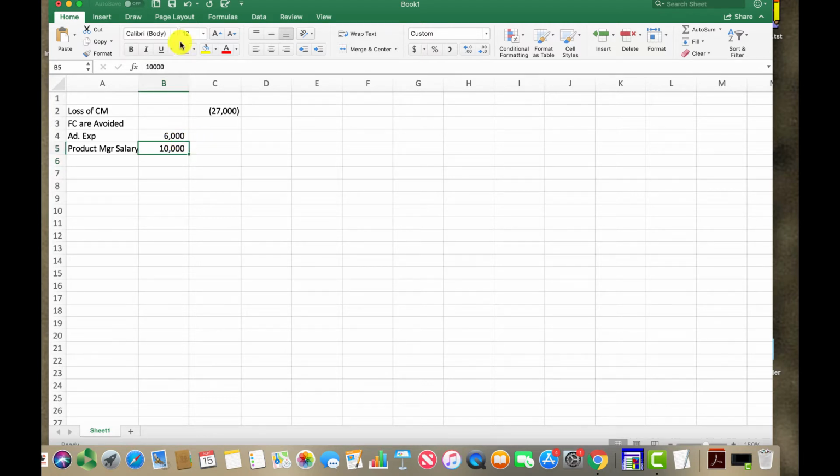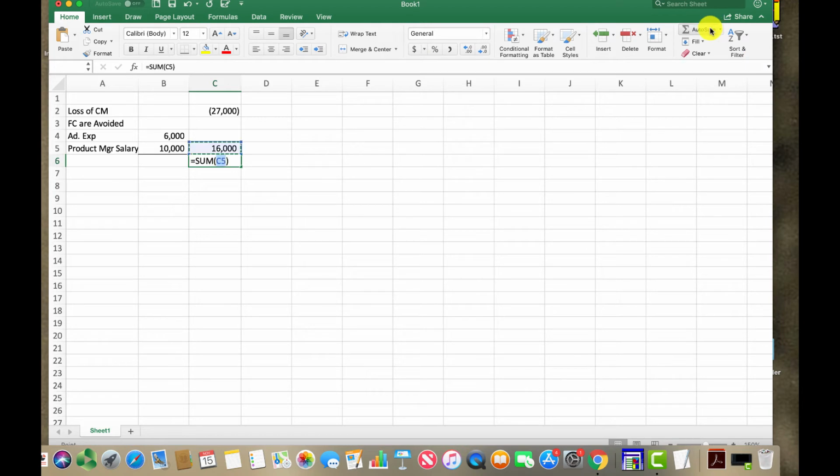I'm going to add up all of my avoidable expenses. By dropping this product line, we're actually avoiding $16,000 of costs. So now we're going to compare the benefit of the contribution margin that we are losing, as well as the avoidable costs that we're gaining.